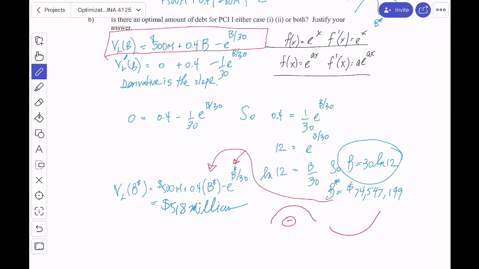The second derivative has to be a negative. And if it's a smiley face, in the second derivative, then we'll know it's a minimum. So this is max, and this is min, of second derivative.